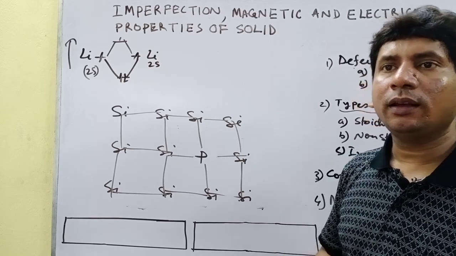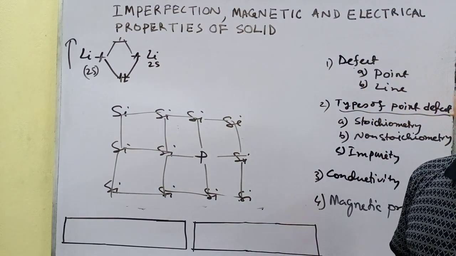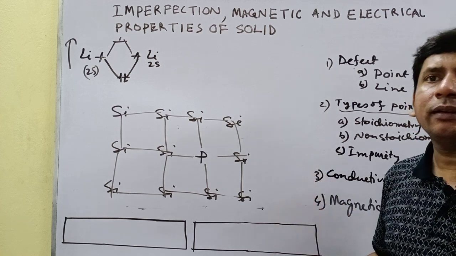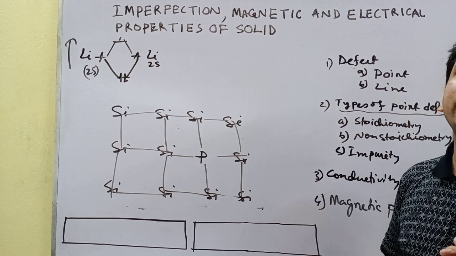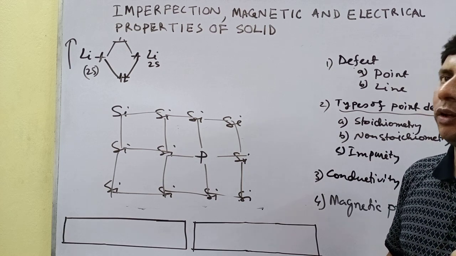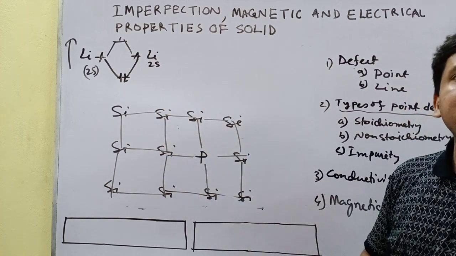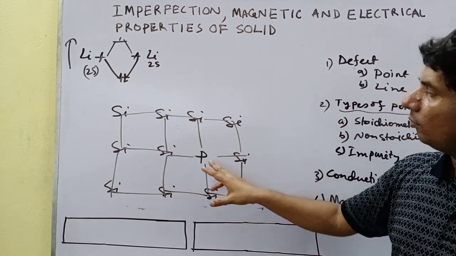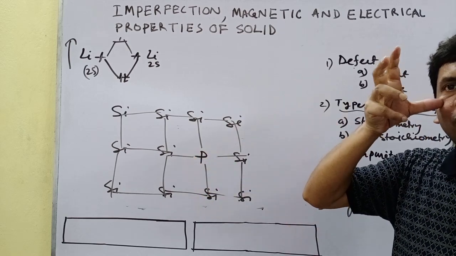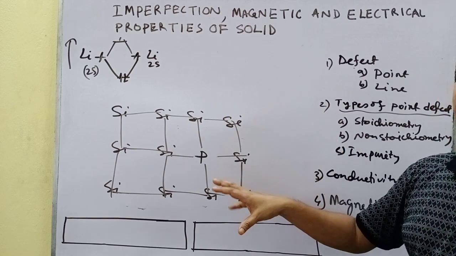What is doping? Doping is a process of adding an appropriate amount of suitable impurity to increase the conductivity of an intrinsic semiconductor. Silicon was an intrinsic semiconductor. Now we are adding some appropriate impurity.